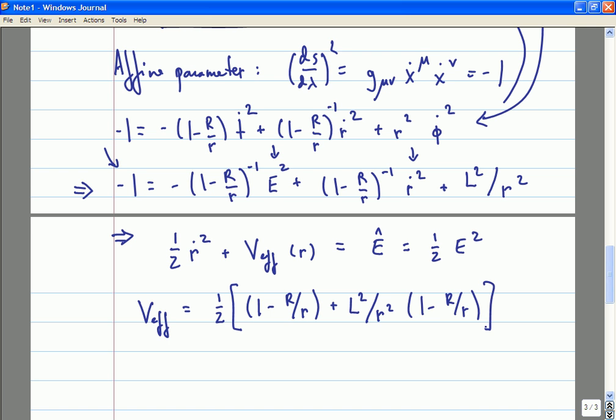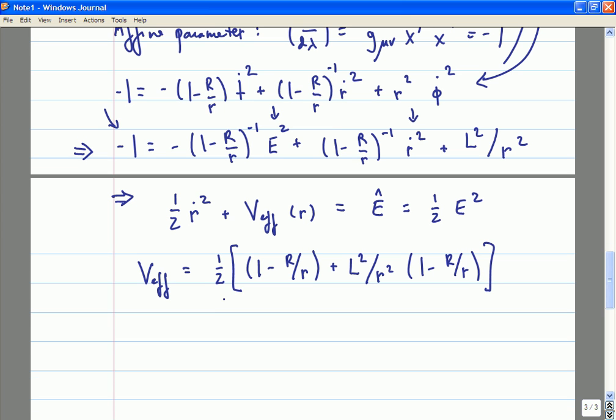Or, writing this out, we get 1/2 minus R over 2r plus L squared over 2r squared minus R L squared over 2r cubed. Is it clear what I've done here?